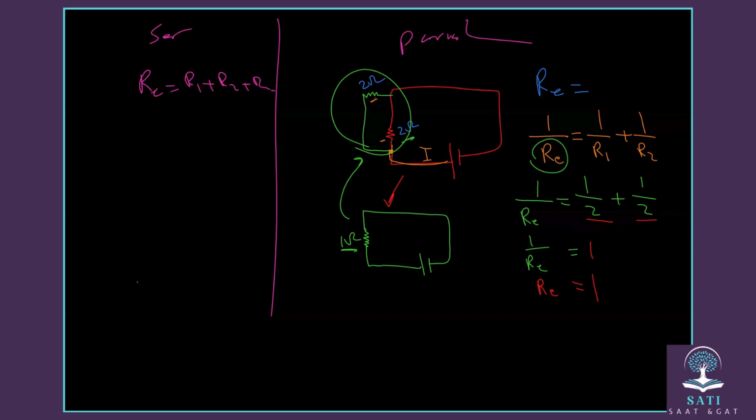This 1 ohm represents the total of these two resistances. You're going to say, wow, each one of them is 2 ohm, and their resultant resistance is only 1 ohm.